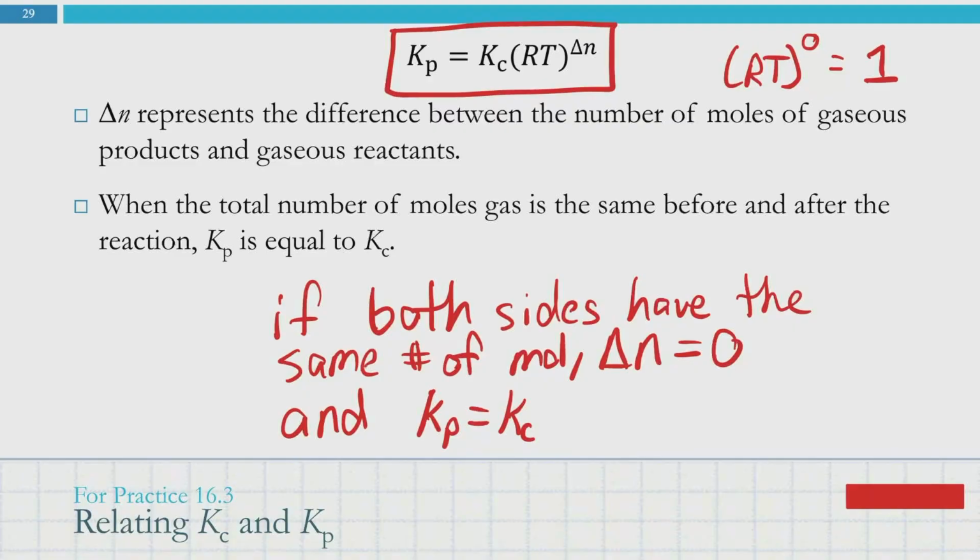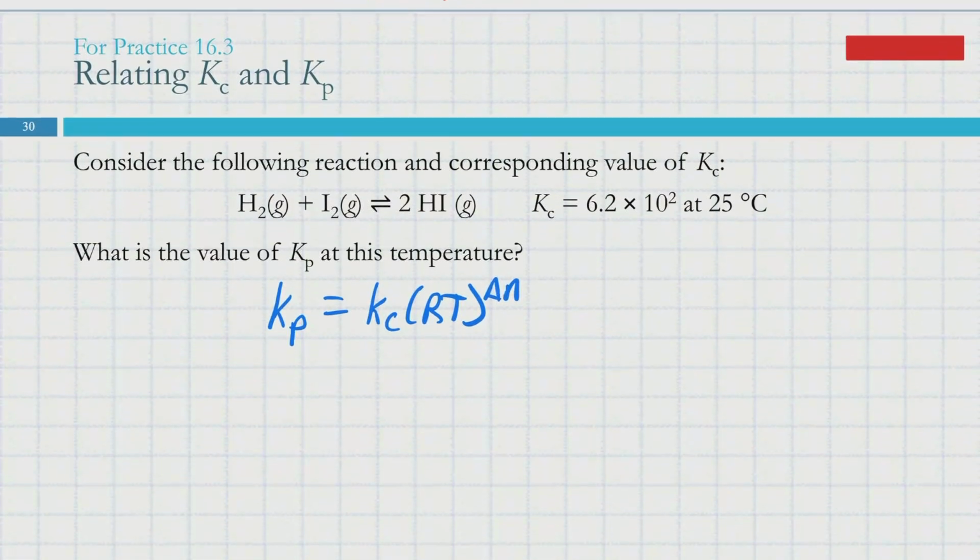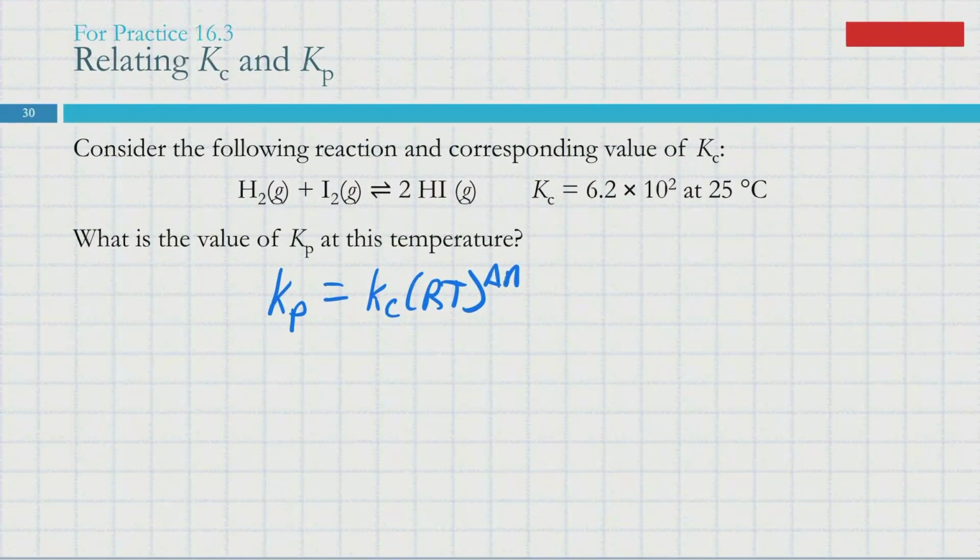We know that Kp is Kc (RT) raised to delta N. We know what Kc is. We know what R and T are.